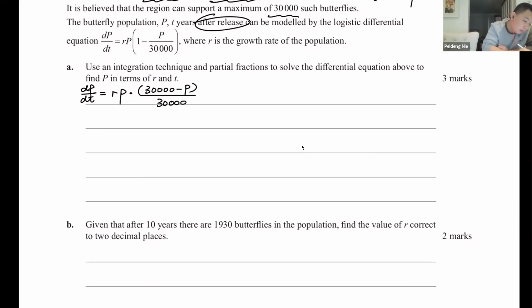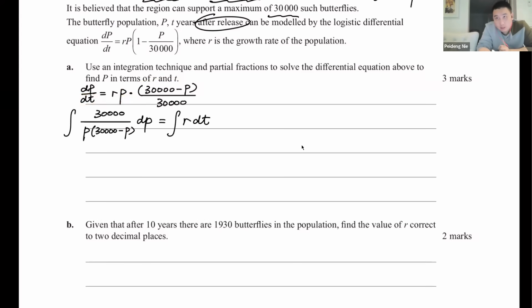Then you just separate the variables. For example, you can separate the variables by dividing everything by this chunk, multiplying everything by dt, okay? So you're going to get 30,000 over P times 30,000 minus P, put a dP here, integration, and integration r times dt, okay? Separate your variables.